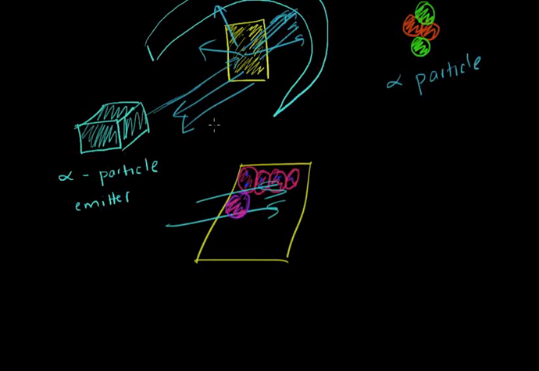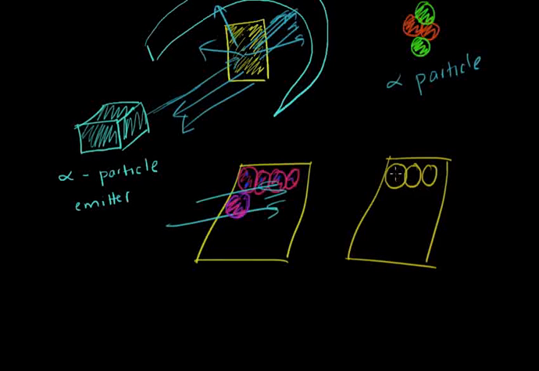The way Rutherford reconciled his results with the current atomic knowledge of the day was to propose a new model of the atom, and his model was known as the nuclear model, and was something like this. Rather than having all the mass of the atom sort of splayed in this positive charge cloud, he proposed that almost all of the atom's mass, as well as its positive charge, was concentrated in the center in a really, really small region called the nucleus.